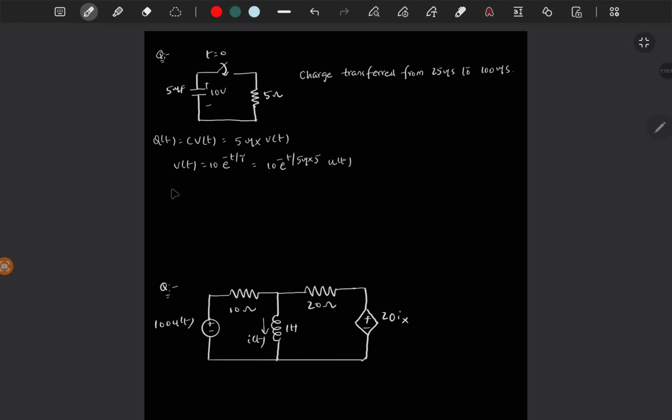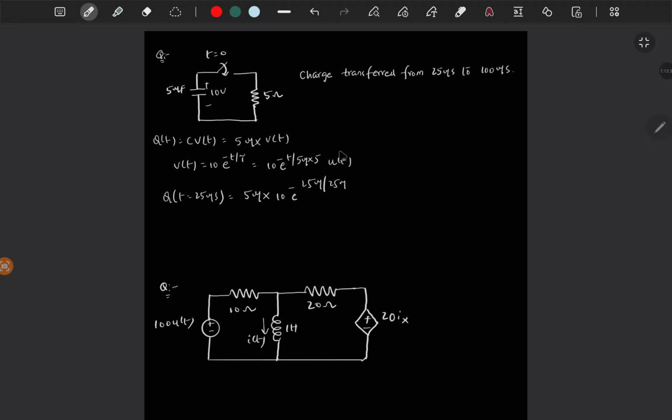So from 25 microseconds, Q of t1, or t is equal to 25 microsecond, you will get 5 micro times 10 e power minus 25 micro by 25 micro.